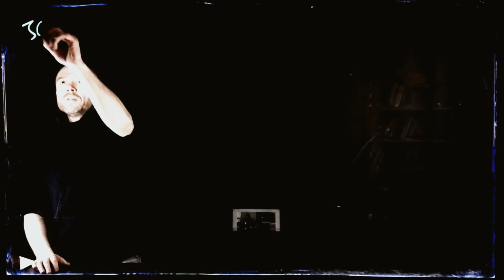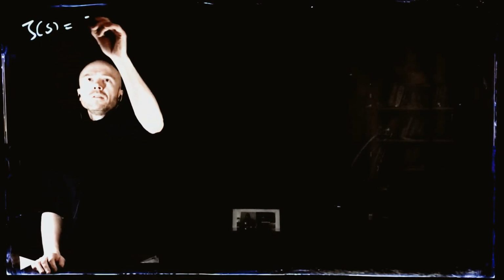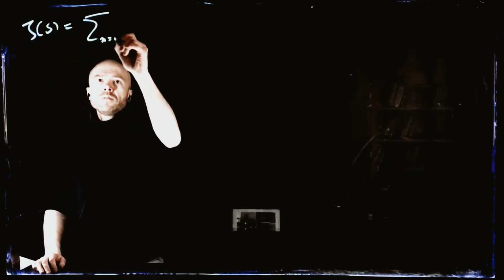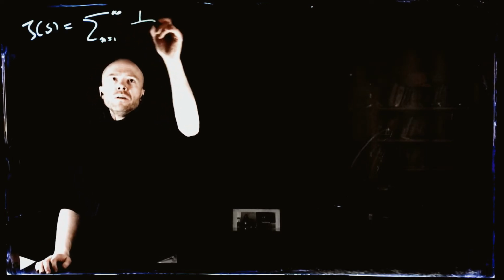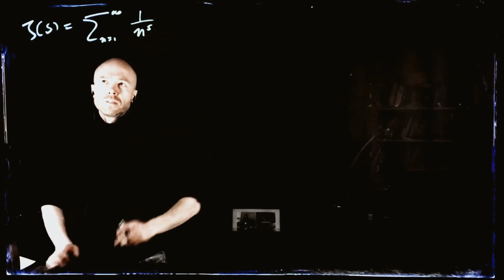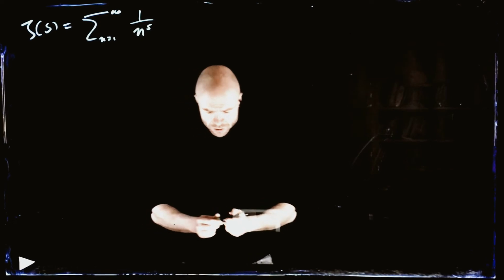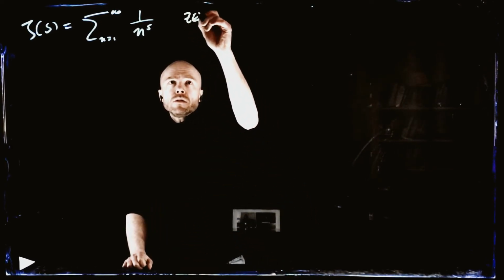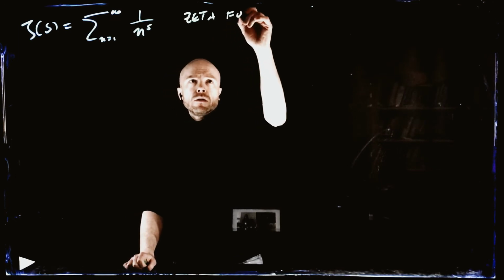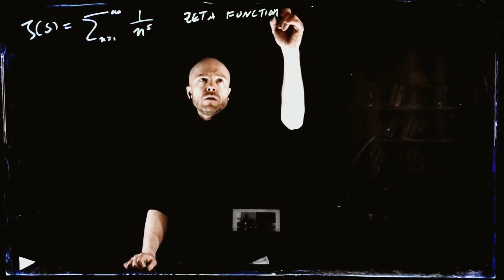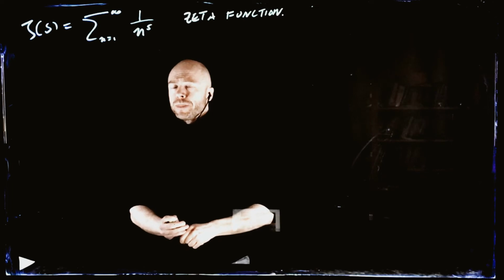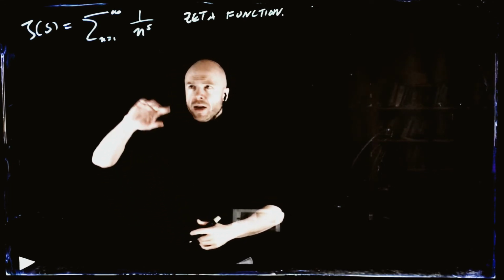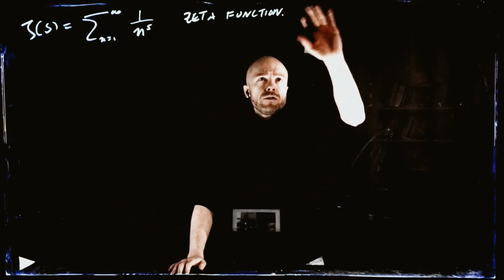We can define the following function, zeta of s, to be the sum from n equals 1 to infinity of 1 over n to the s. This is called the zeta function. And it turns out that this thing converges whenever the real part of s is bigger than 1.